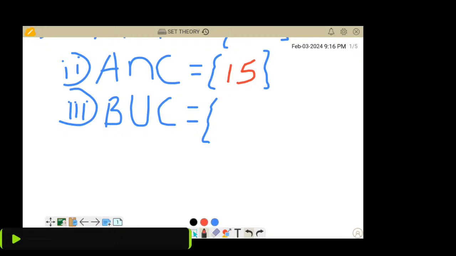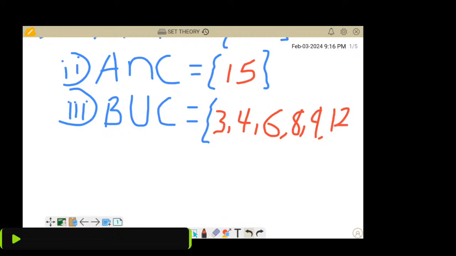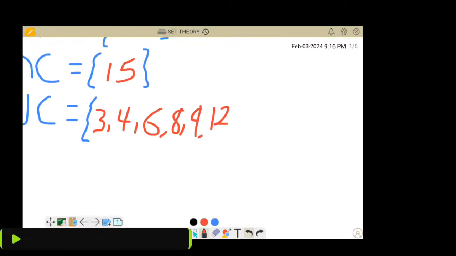Now all the elements of B and C are 3, 4, 6, 8, 9, 12, and we continue like that.